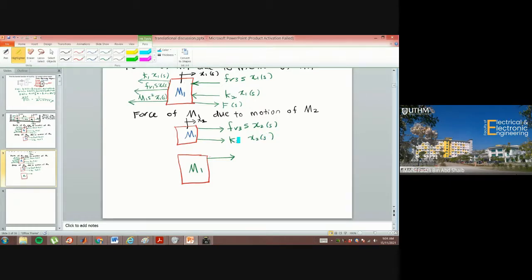Okay, we have K2, K2 S2 S. What else we have? We have FV3, FV3 S S2 S. And we have Fs.